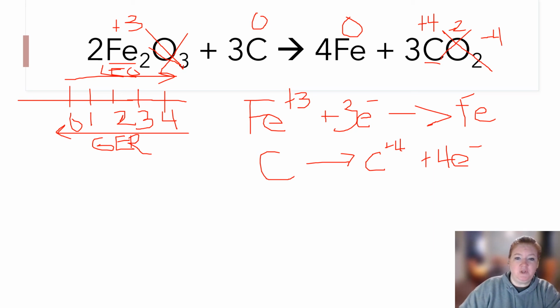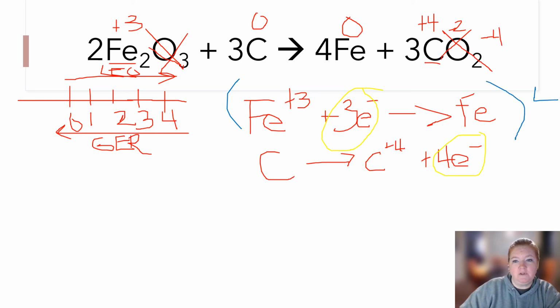Okay, so mass is balanced, and charge is balanced, but let's check. So I have 3 electrons here and 4 here. No, no, no, that does not balance. So what I need to do is take the whole Fe thing and multiply it by 4, take the whole C thing and multiply it by 3, and then I can combine them together.